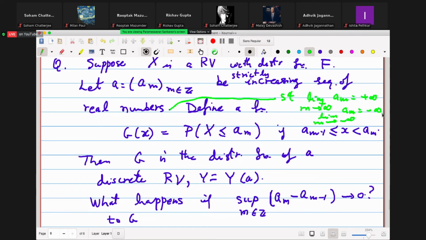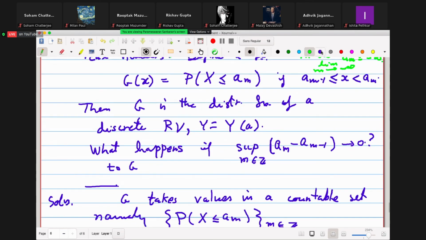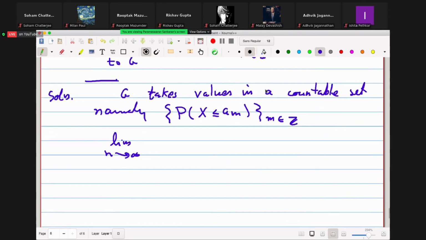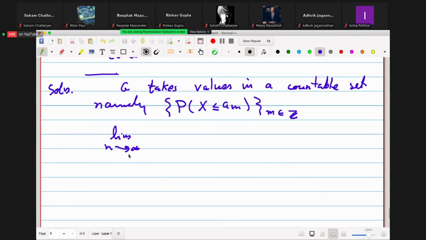Let's assume that. Then I can say the following. You can just check that the limit as x goes to plus infinity, G(x) is equal to 1, and the limit as x goes to minus infinity, G(x) is equal to 0.